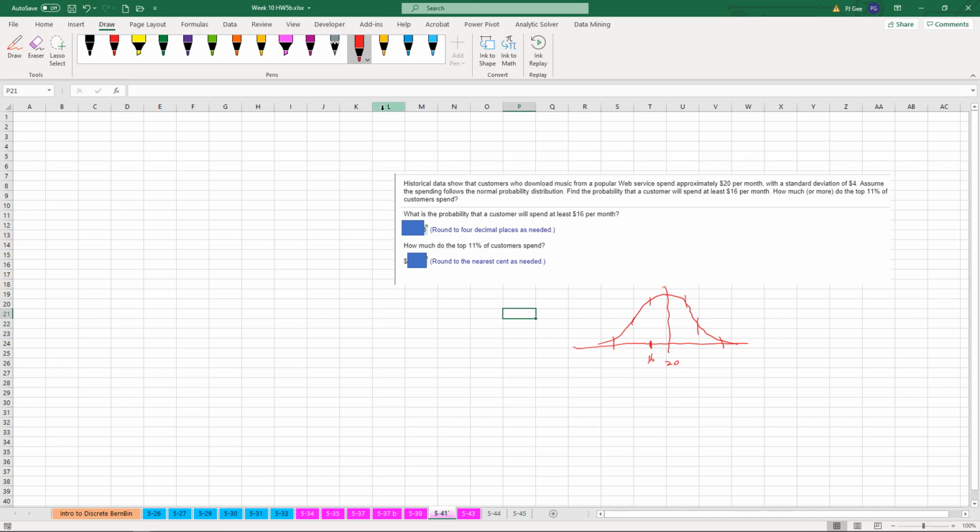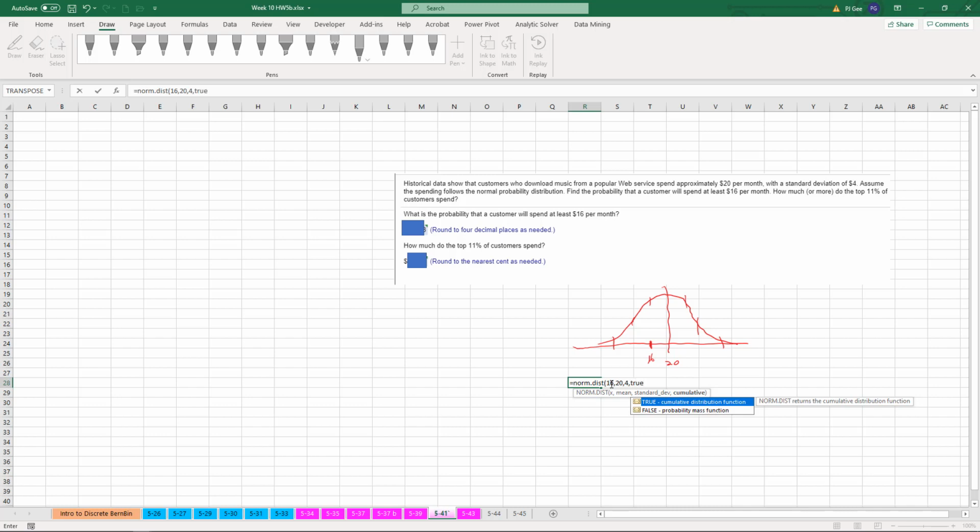All right. So we'll go right to the equation, the NORM.DIST. It wants to know what point are we interested in? Point of interest is 16. What's our mean? It's 20. What's our standard deviation? It's 4. And we want to use the cumulative, which is true. Okay.